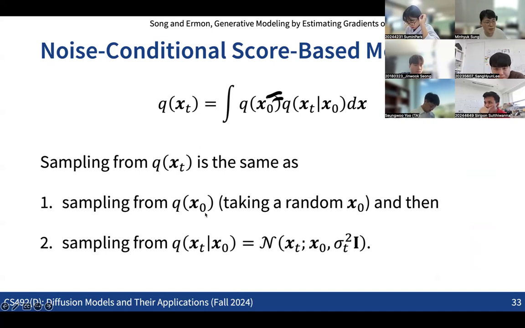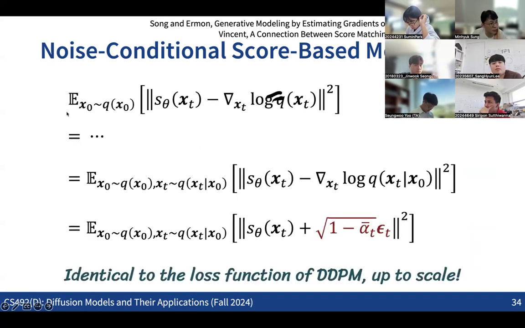So let's think about it now. We are training this score prediction network with this slightly modified distribution, and we are going to have this objective function, the loss function here. After some derivation, what we can see is that this becomes identical to predicting the noise for the conditional distribution, or the posterior distribution, sampling xt from x0.